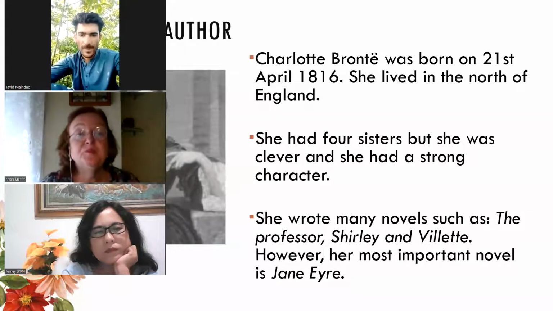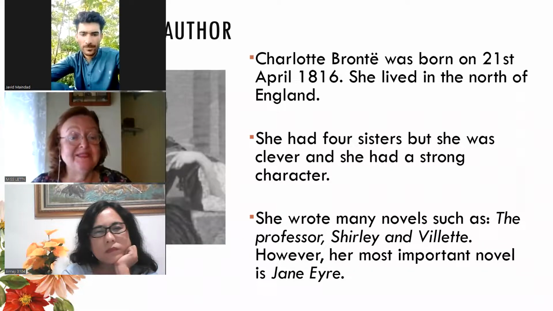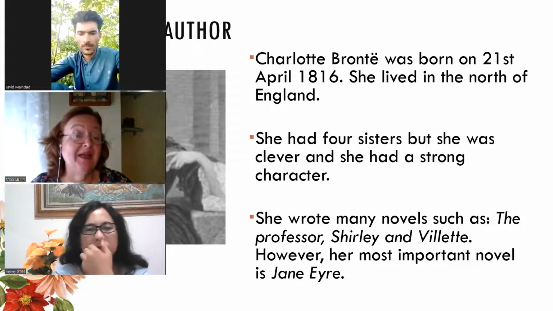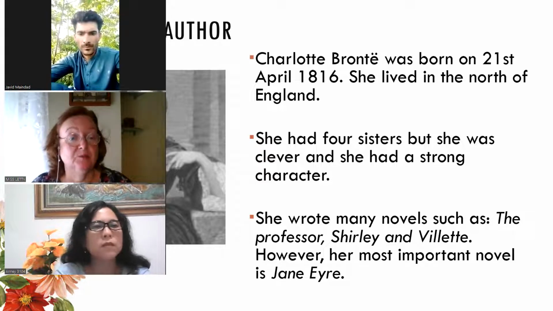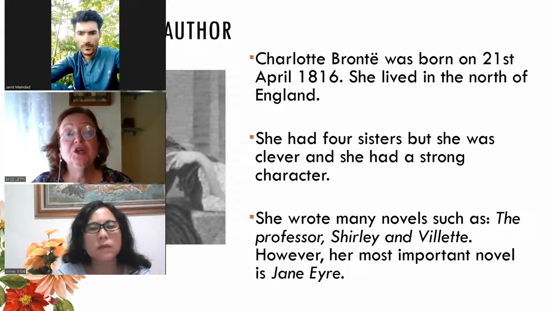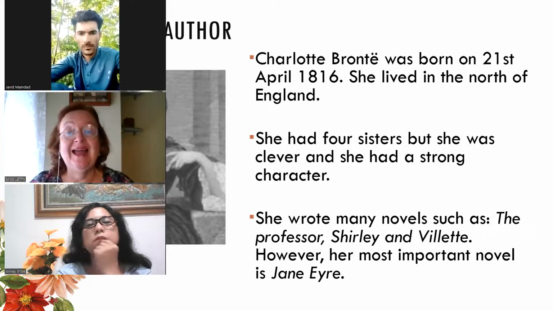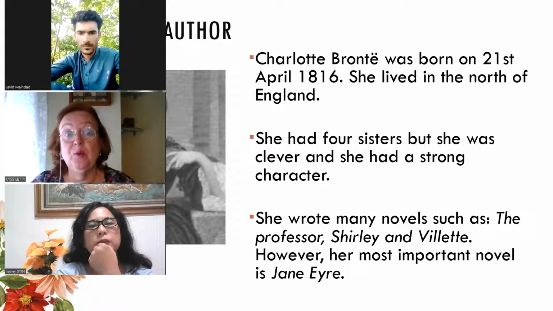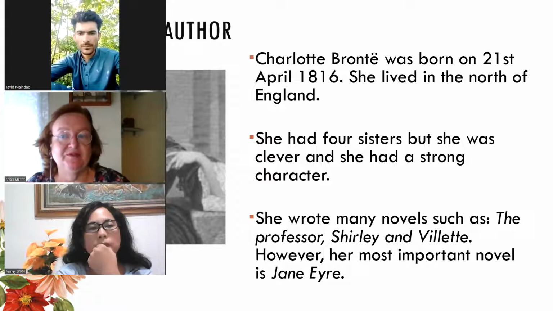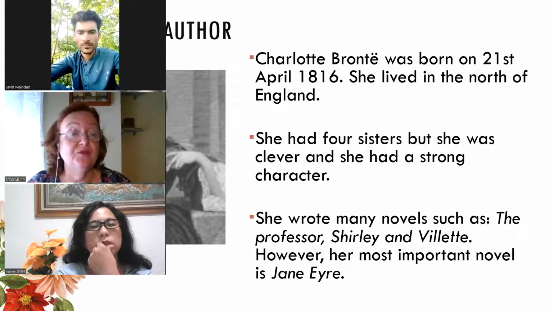Right. So this book has been adapted for beginners. The original could be a little more difficult, but this is for beginners. So Charlotte Bronte was born on the 21st of April, 1816. So now we know the time she lived. She lived in the north of England. I'm from the north.